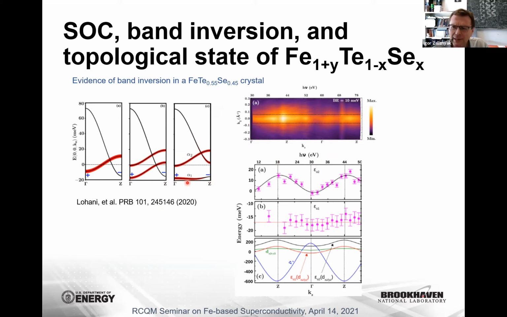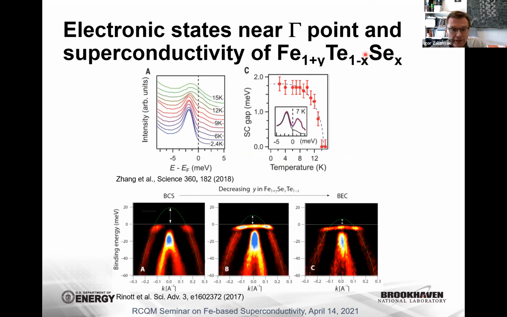There is also another study that showed directly band inversion in a series of monolayer films of iron tellurium selenide with different doping. So there is band inversion. In the presence of the superconductivity, and the superconductivity in ARPES shows up as this superconducting condensate peak split off the Fermi level by a superconducting gap.